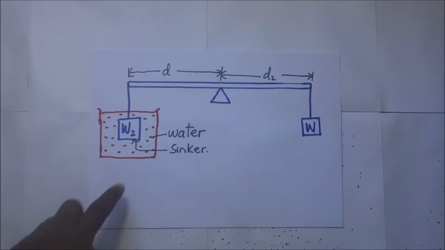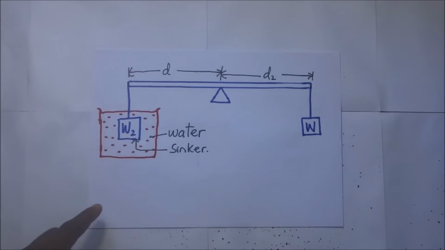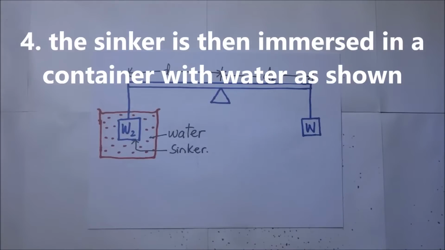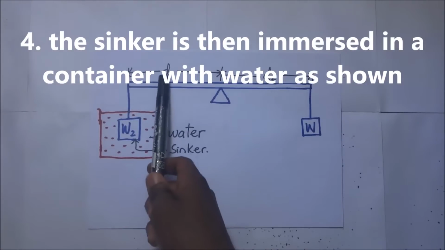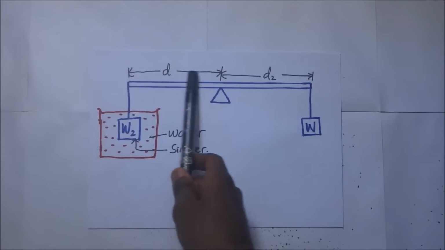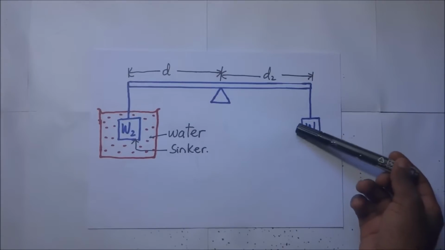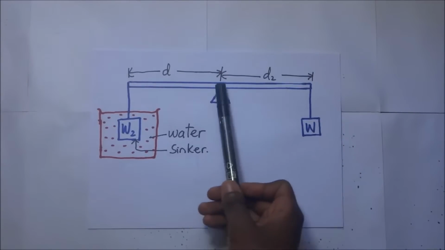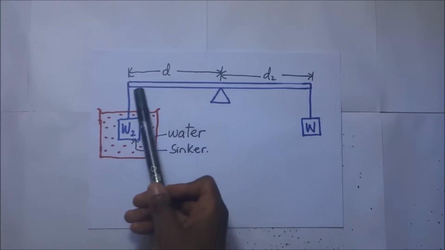After that, we are going to immerse this sinker in water, as we have seen right here. Remember, we keep this D constant. We adjust the distance between the pivot and the known weight until this lever balances.